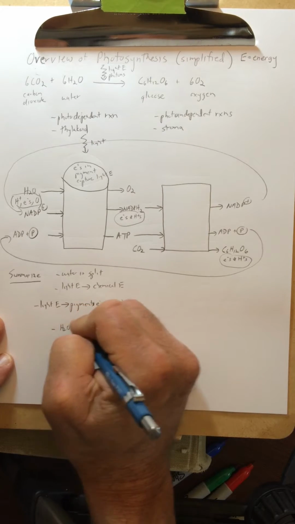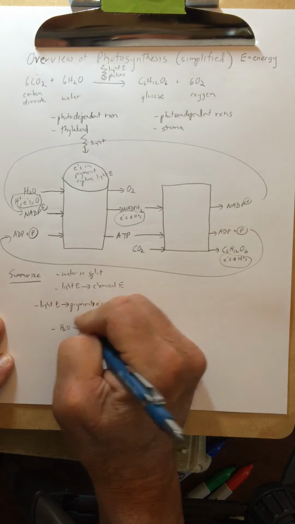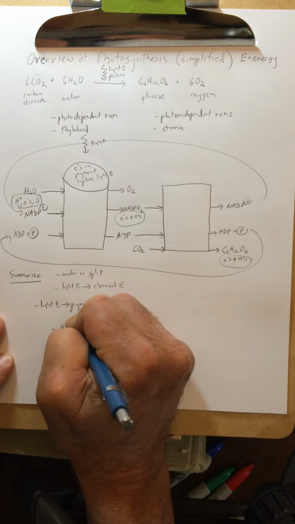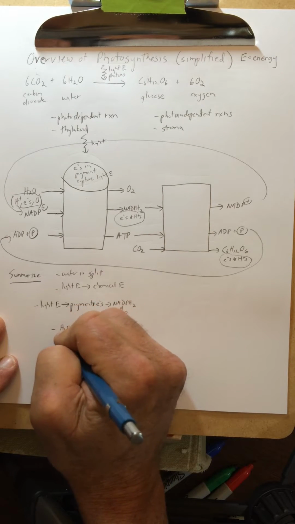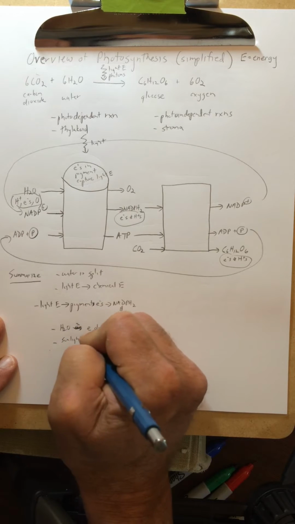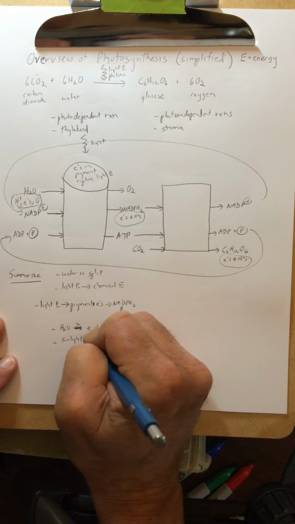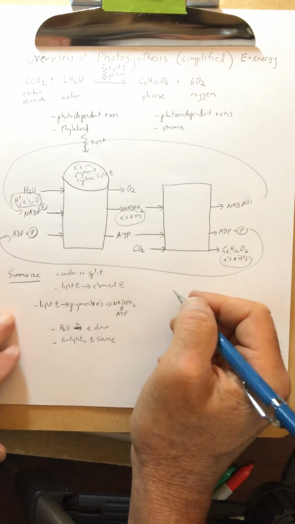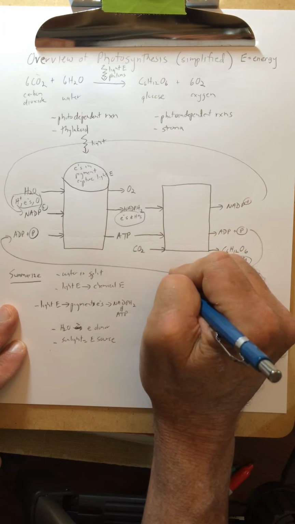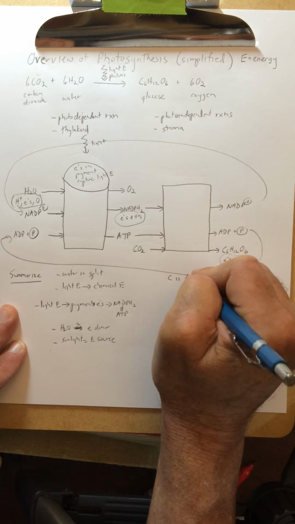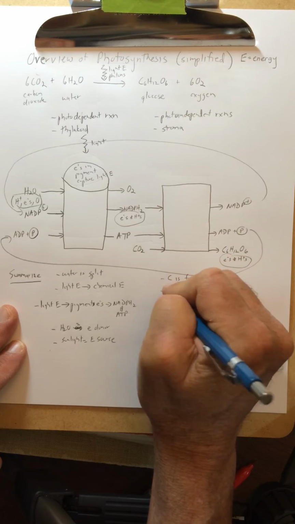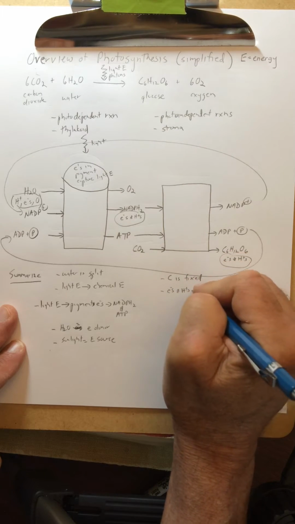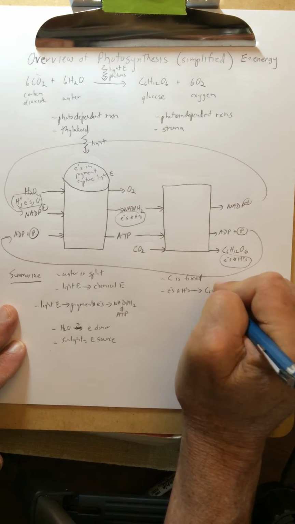Also, water is our electron donor. I wanted that to be an equal sign. Water is the electron donor, and sunlight is the energy source. For the photo-independent reactions, carbon is fixed, electrons and protons ultimately end up on C6H12O6.